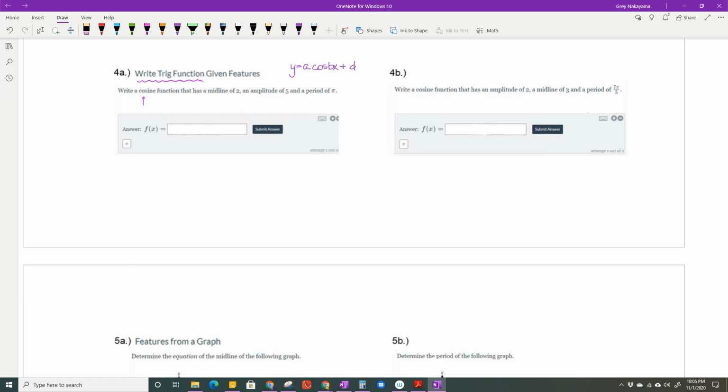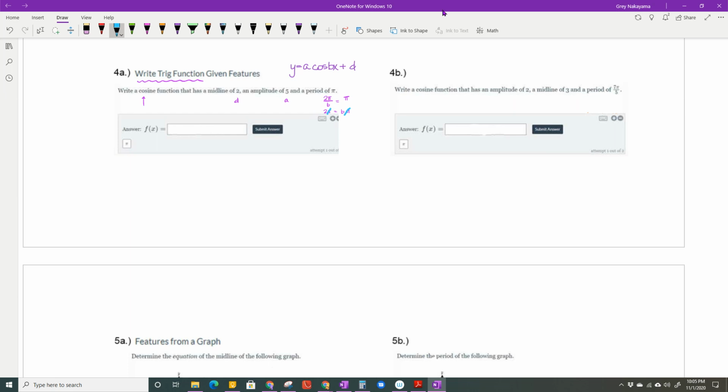So midline is whatever that midline is, that's my D. My amplitude is A, and my period I'm going to figure out by setting 2 pi over b equal to it. And that's like over 1. So when you cross multiply, you get 2 pi equals b pi. Well, I'm hoping y'all can see that if I just cross out my pi's, my b is 2.